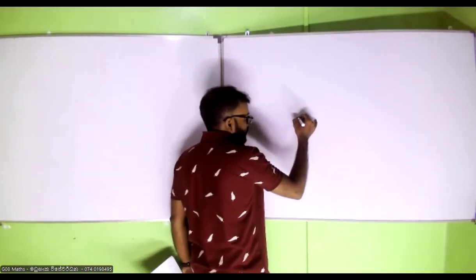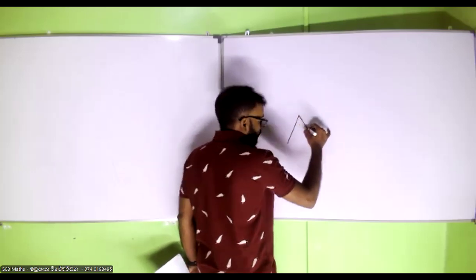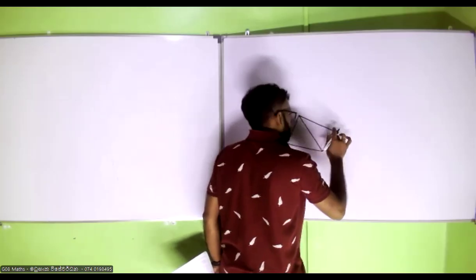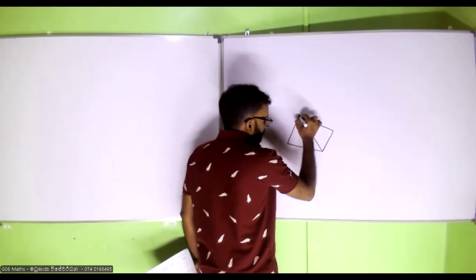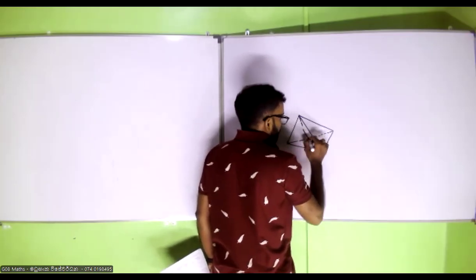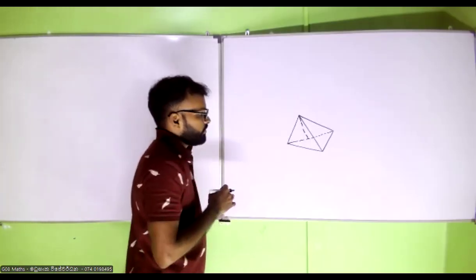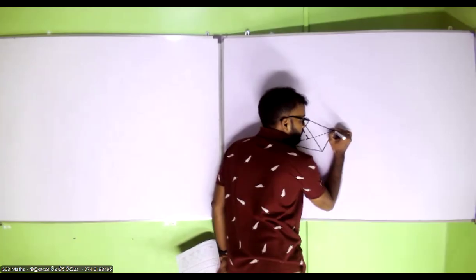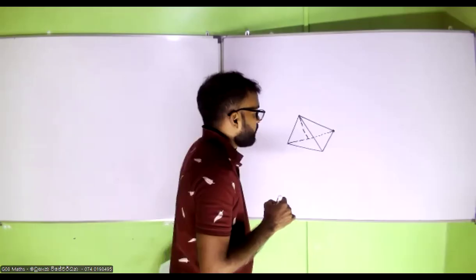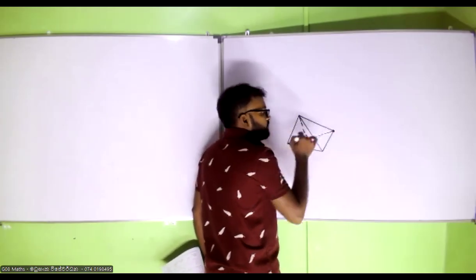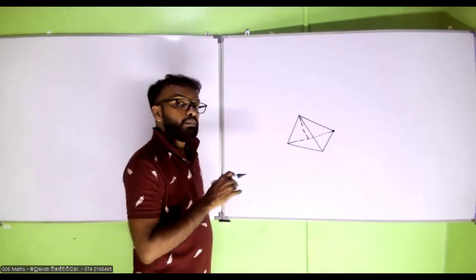And if we draw our tetrahedron, so normally, if we consider this vertex, how many faces are combined with this vertex?